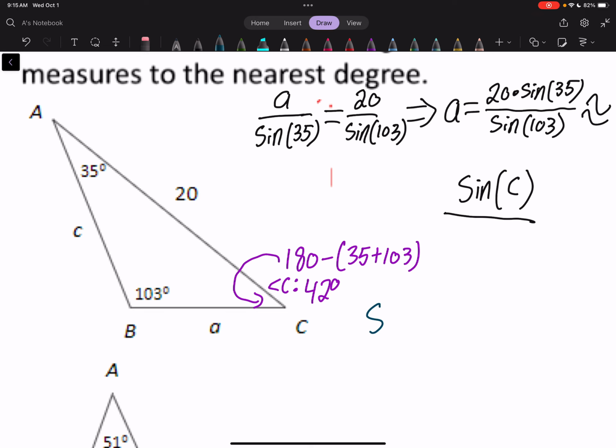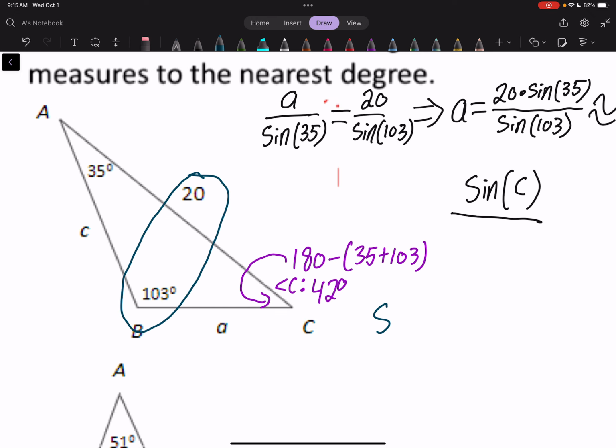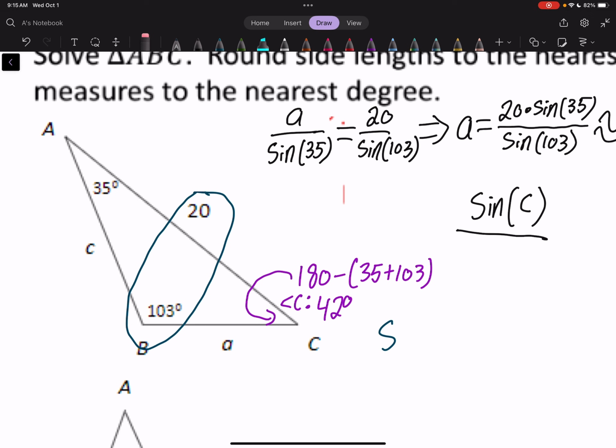Here's a recommendation. You don't have to follow it, but my recommendation is if it gives you a set of numbers like this, I'm using that every time, even though I could use A and angle A. But I'm going to use my B's.